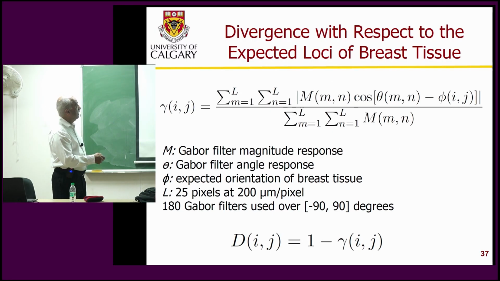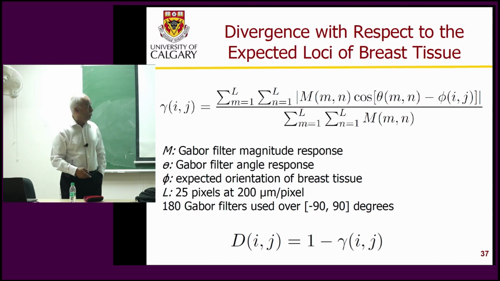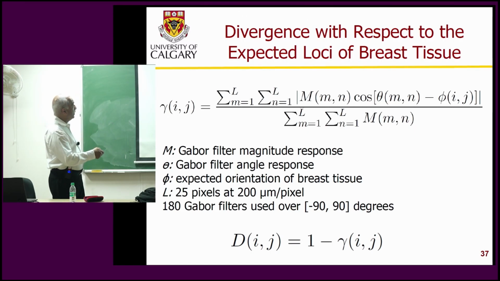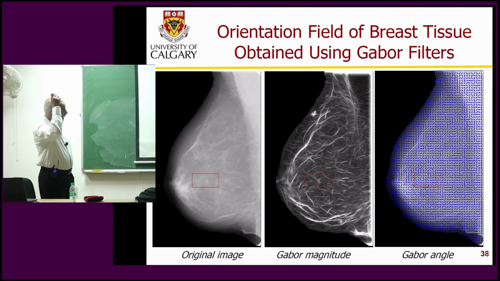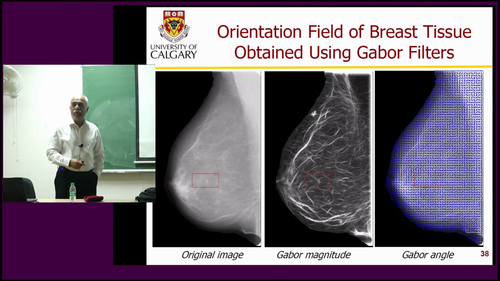If the computed angle agrees with the model, the difference is close to 0, cos 0 is 1, and if the magnitude is high, the value will be high, normalized with respect to the Gabor magnitude. And this is coherence, they are agreeing. Take 1 minus that for disagreement, lack of coherence. It worked somewhat similar to what we had for coherence.